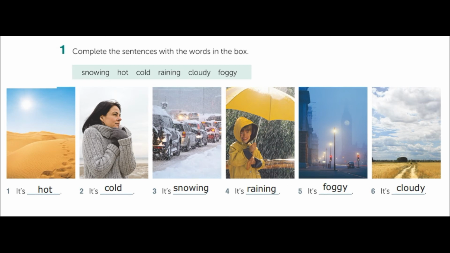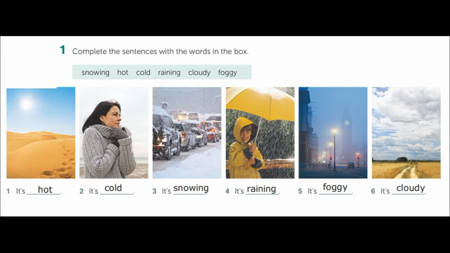Number 5, the answer is foggy. Remember that fog is a noun, and when it changes into an adjective, I double the last consonant when the noun ends in one syllable and it ends in consonant, vowel, consonant, CVC. Remember that I double the last consonant and add the suffix y.